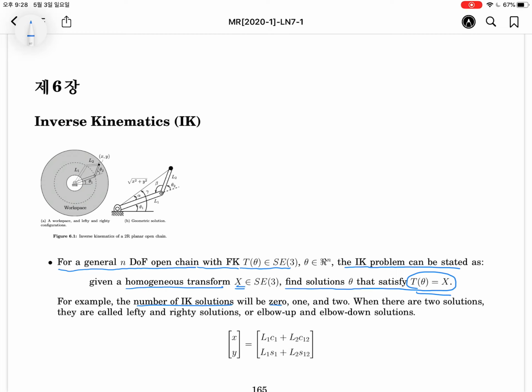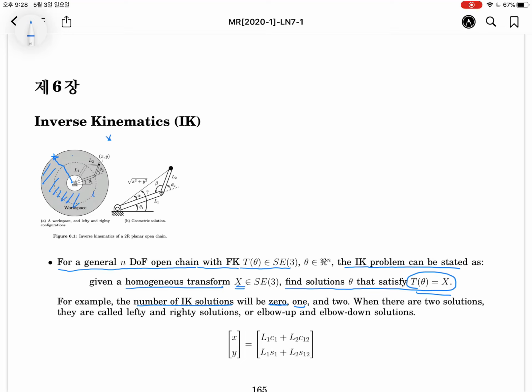The number of inverse kinematics solutions will be, in this case, if you specify a target here that cannot be reached by this robot system, then there is no IK solution. On the other hand, if the target is specified like this, at this boundary we will have only one straight solution.